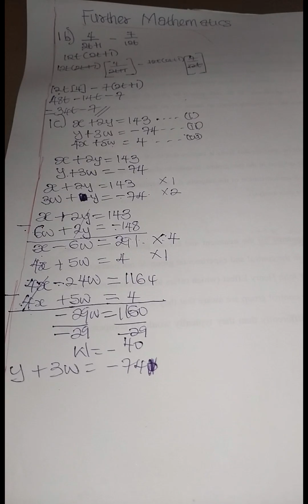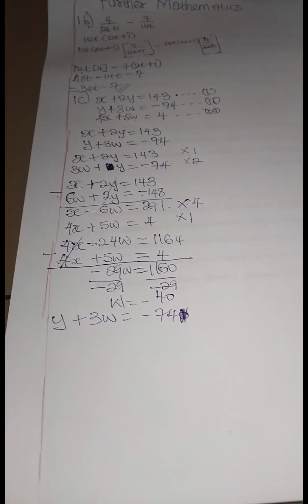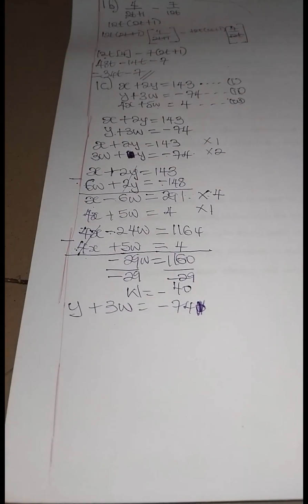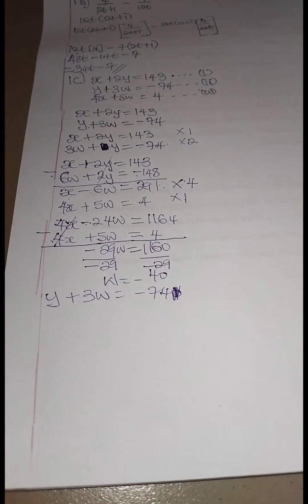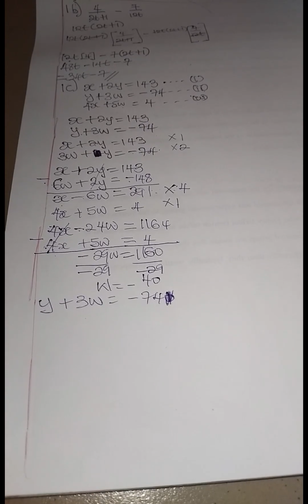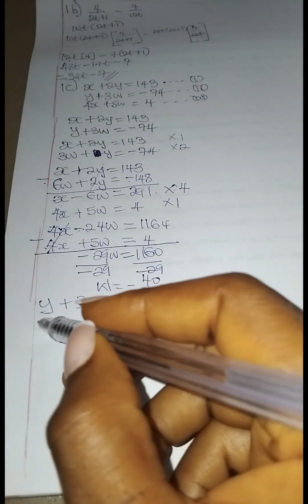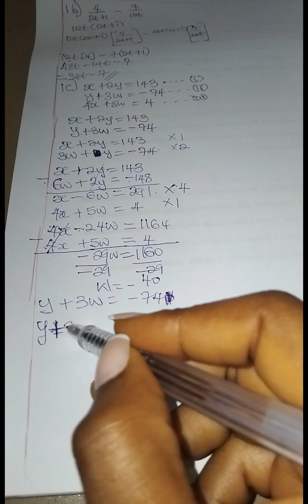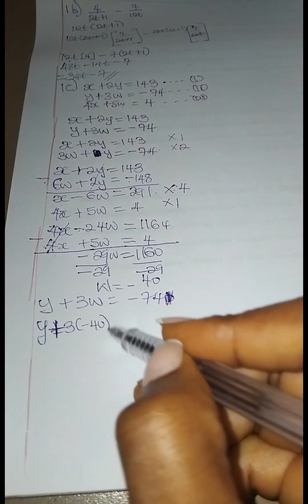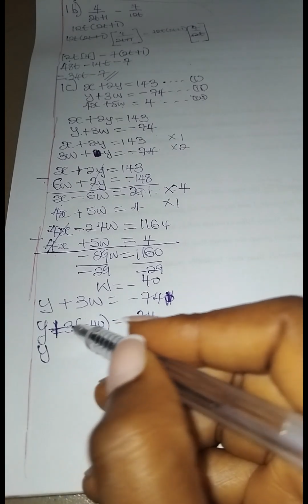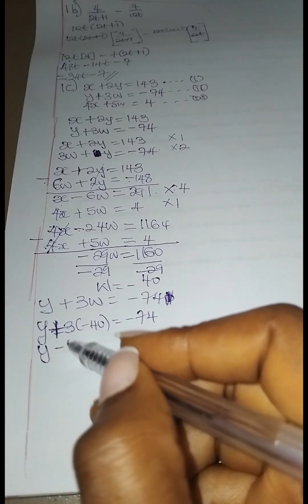In place of w, I'll put negative 40. So I have y plus 3 times negative 40 equals negative 47. 3 times negative 40 will give us negative 120.